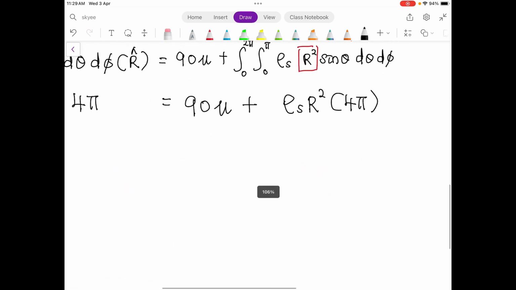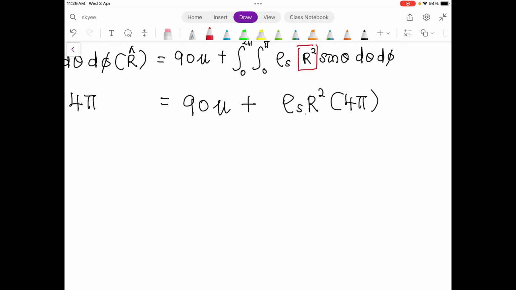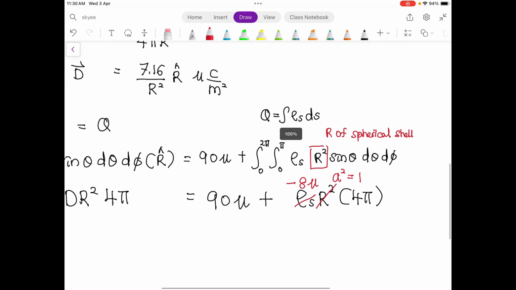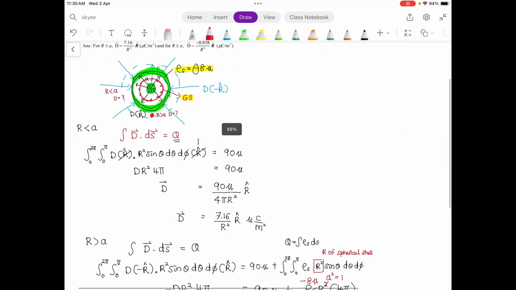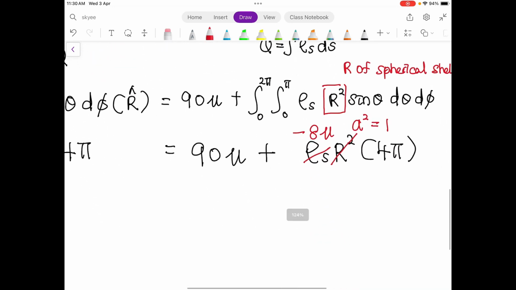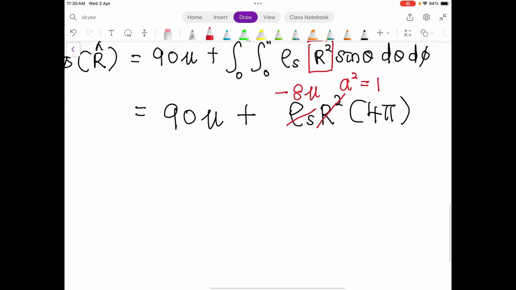So when A equals 1, this A squared is equal to 1. And rho s is given. The rho s is negative 8 micro. Am I right? Yes. Okay, so you can calculate the value now.